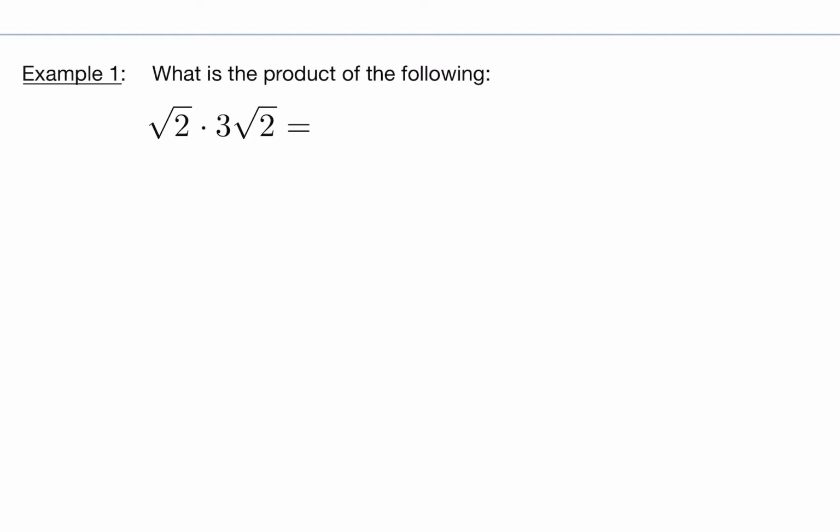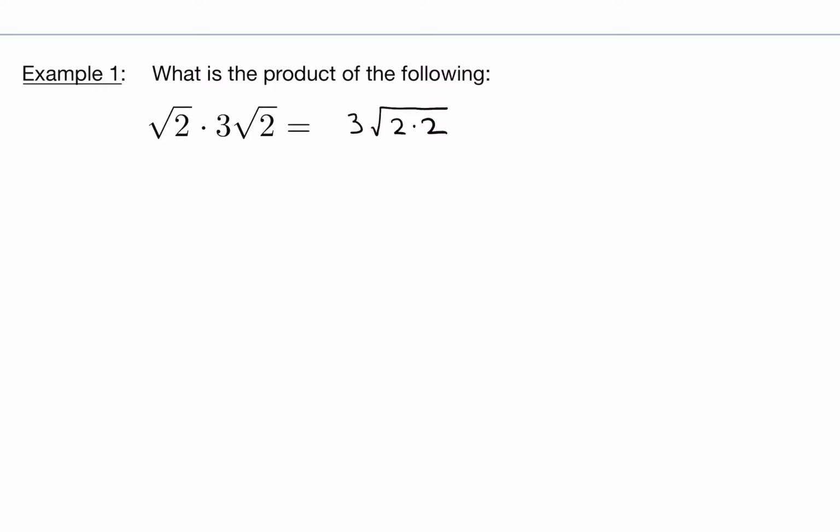Now, when we multiply these together, we can combine the numbers underneath the root sign as one entity, okay? And so this works out to 3 square root of 2 times 2, okay? Notice that both of these values came together under one roof, or under one radical sign.